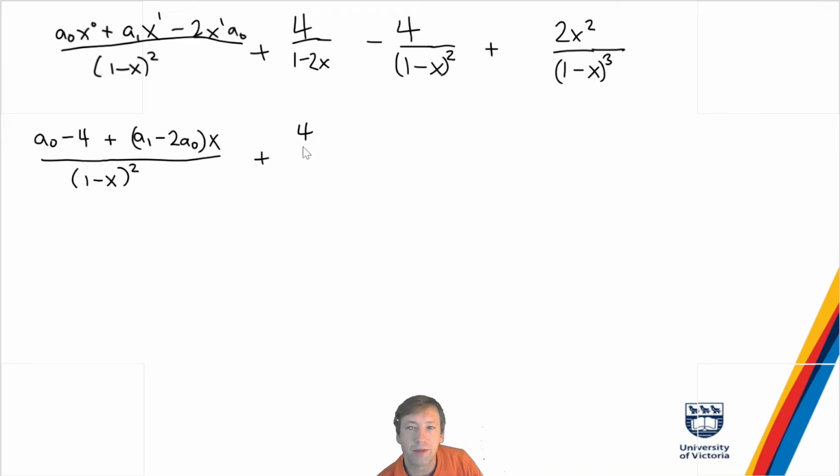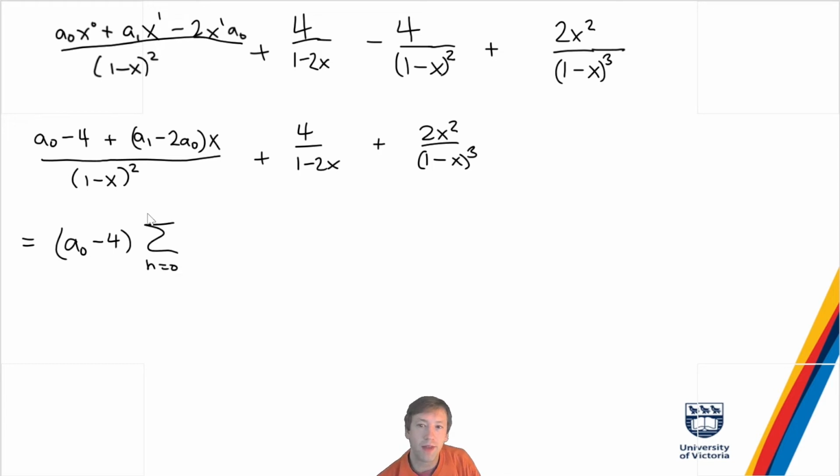Okay, maybe let me just rewrite some stuff here. Each of these things we can deal with. So I'm going to write this as a0 minus 4 times the sum n equals 0 to infinity of n plus 1 x to the n. And then I've got a1 minus 2a0 times x times the same thing, n equals 0 to infinity n plus 1 x to the n.